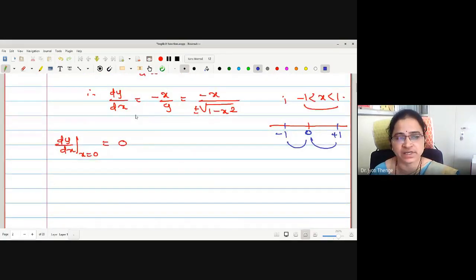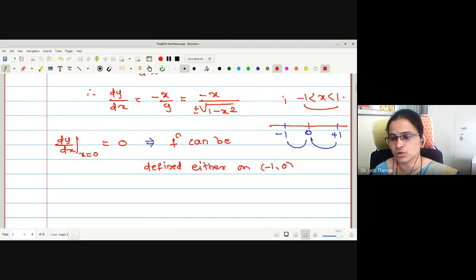Therefore, how have we decided this? The function can be defined either on minus 1 to 0 or 0 to 1.